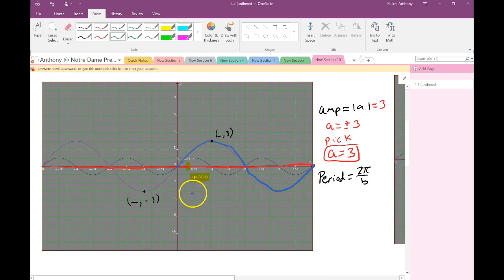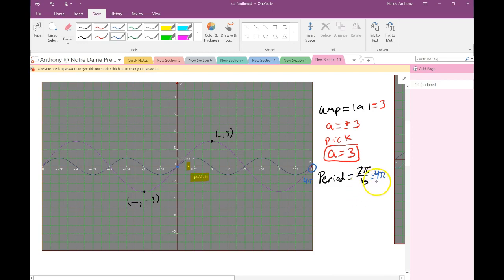So this distance, I kind of wrote over it there, but we've gone from 0 to 4 pi. I started off at 0 on the x-axis, ended up at 4 pi on the x-axis, so the length of my non-repeating function is 4 pi.